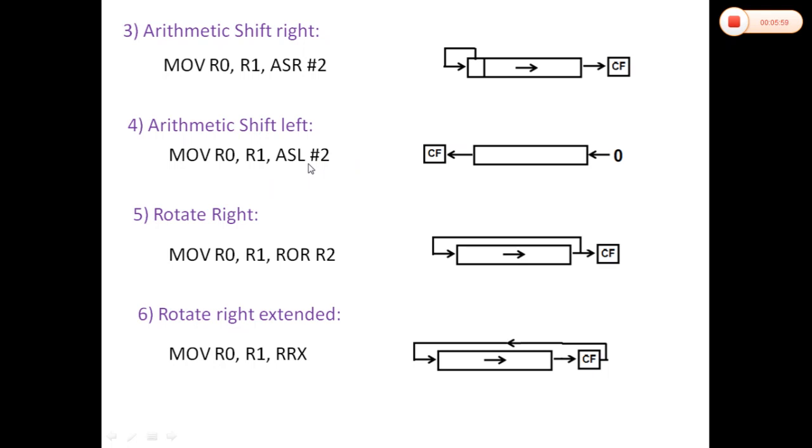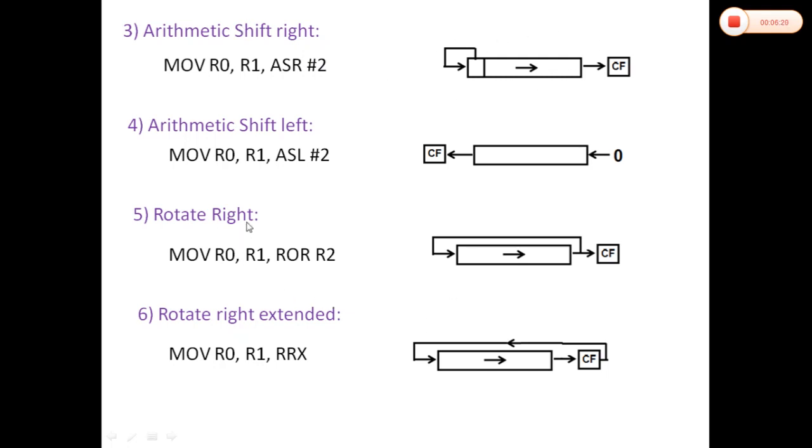So actually there is no physical difference between logical shift left and arithmetic shift left operations. Both operations are the same, but there are separate mnemonics available for unsigned numbers and for signed numbers. But right shift operations are different for unsigned numbers and for signed numbers.